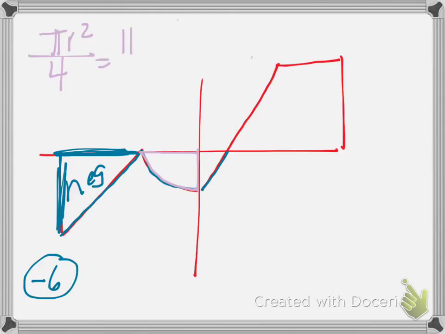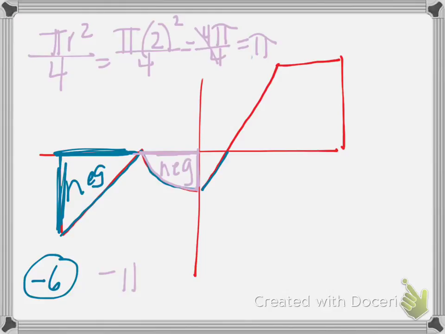So we have pi, and the radius is going to go from here to here, or from here to here, it doesn't matter, but if you look at your picture, that's equal to 2. So pi r squared over 4. So you get 4 pi over 4, those cancel, and you're just left with pi. But that is also under the axes, so we get a negative. So we have a negative pi as part of our area.